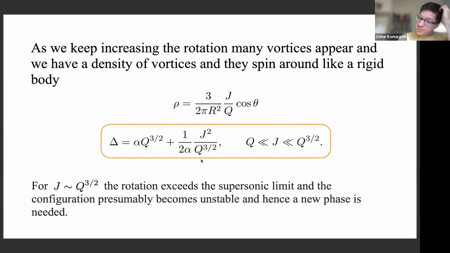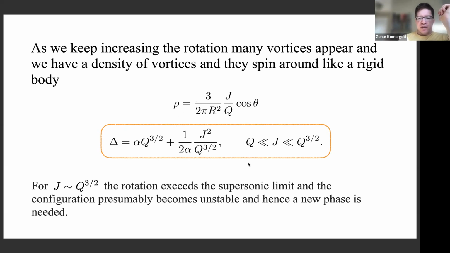And it is believed that this phase of this Abrikosov lattice, or the rigid body phase, is correct all the way to the supersonic limit. So when you start spinning the sphere with velocity that exceeds 1/√2, then somehow this should break down. But it's not exactly known how. So in the paper, we have an appendix where we wrote the equations, and it seems actually promising.